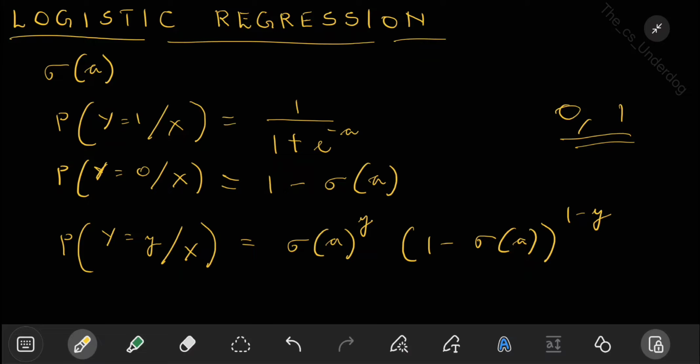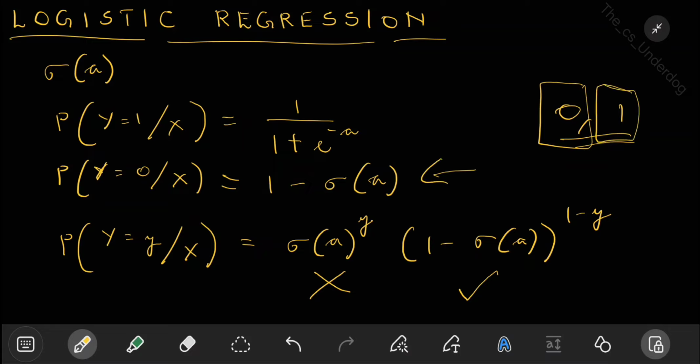How does this make sense? Just substitute the value of 0 for y. If you substitute 0, this term will go off, this term will stay, right? Because this will be raised to 0, which will be 1. So this will go off and this term will stay because 1 minus 0 will be 1. So it will be 1 minus sigma of a, which will be this one.